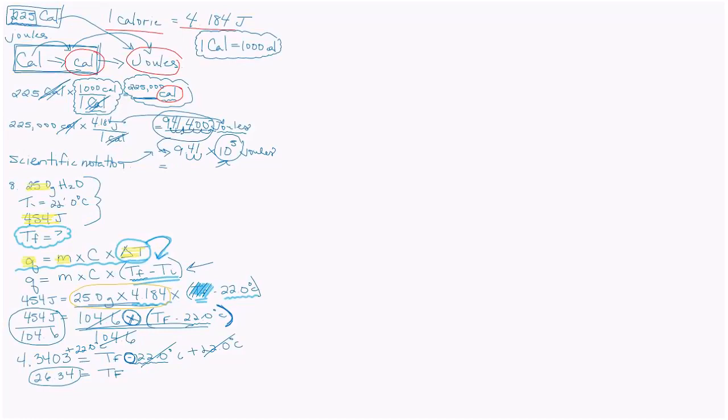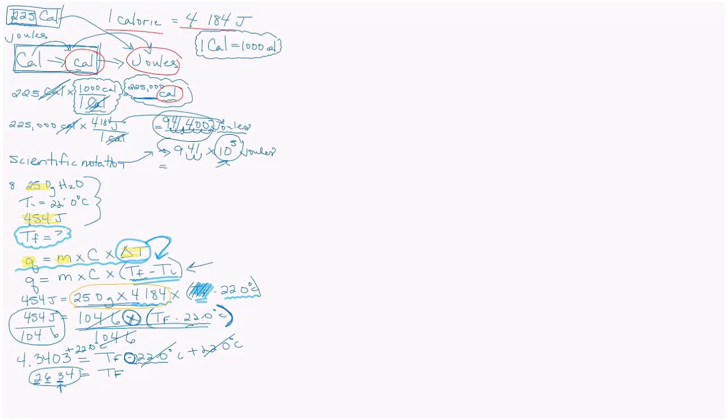So 25.0 is 3, 22.0 is 3, and 454 is 3. So that means I need 3 significant digits in my answer as well. And I always start my significant digit count on the left. So here's my first significant digit, here is my second, and here is my third one. So I just want to do it to there.